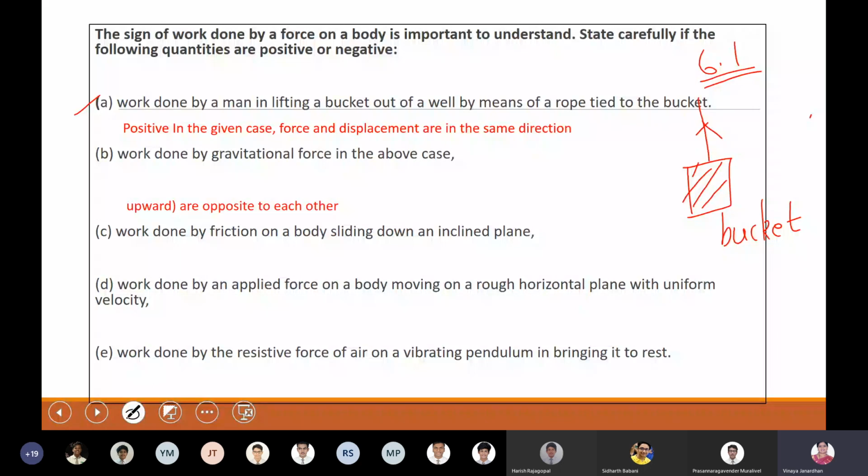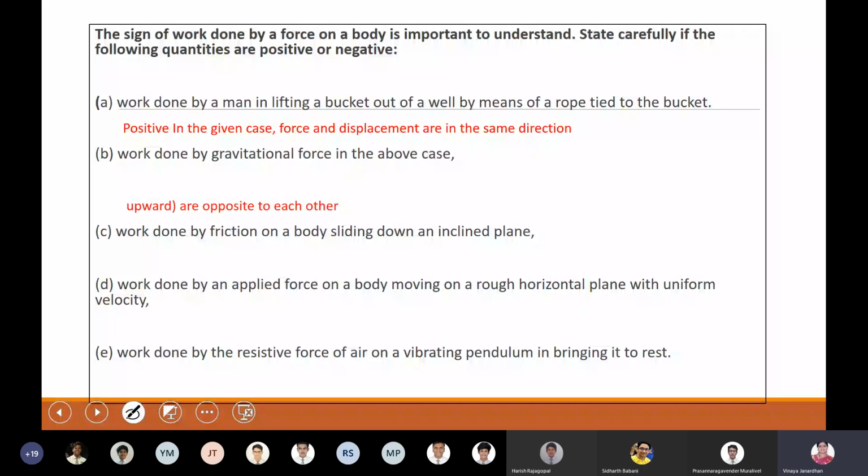The bucket is moving upward because there is a force acting, pulling the bucket in the upward direction. So both the force and the displacement of your bucket are in the upward direction. So the work done will be positive. Force and displacement are in the same direction. But when you talk about the other side of the pulley, that is, you are applying a force in the downward direction, and the bucket is moving in the upward direction. If you take that scenario, in that case, work done will be negative.